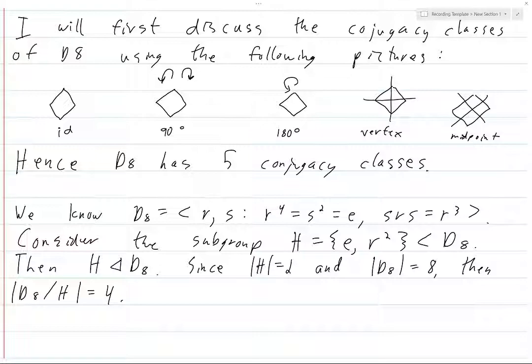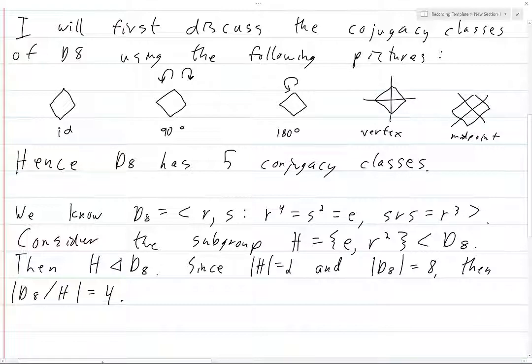If you don't know how inflation works, there's not much to it, but for some reason Sayre's textbook I don't believe discusses it, but there's got to be some textbook out there where you can find inflation. Okay, but anyway, so D8 mod H is equal to 4. So this D8 mod H, that's going to be the group that we're going to write a character table for.